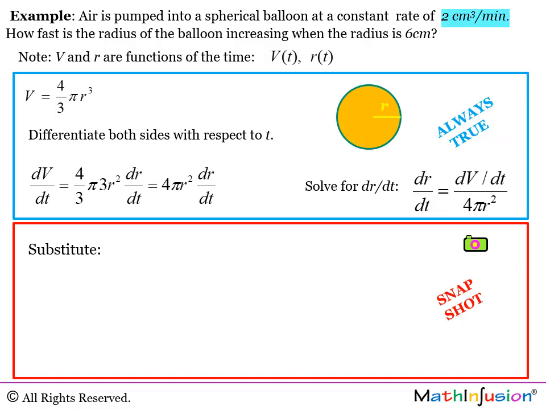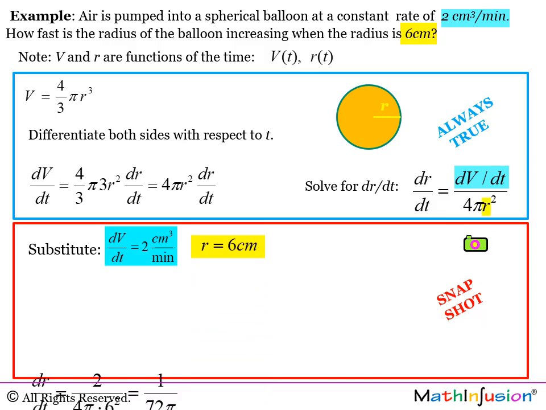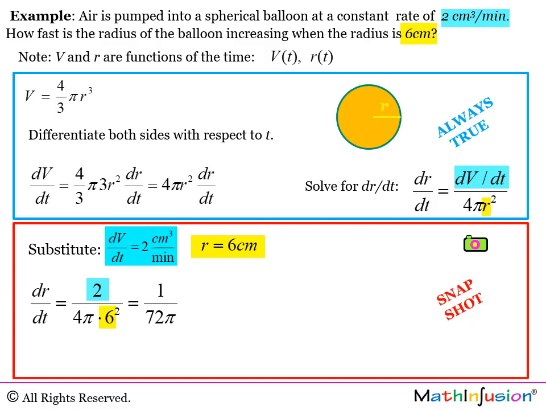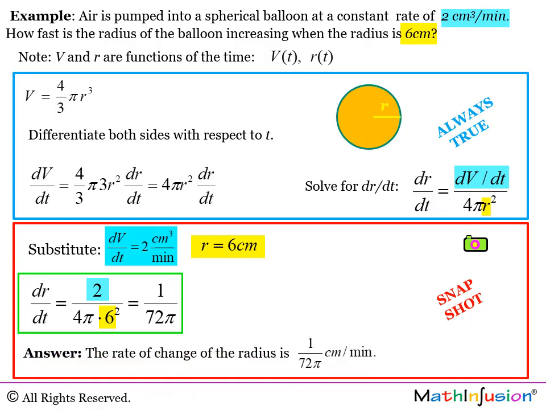This is dV/dt, and this is r at this specific instant. So we have to replace r by 6, dV/dt by 2, and we get 1 over 72 pi. The answer is that the rate of change of the radius is 1 over 72 pi centimeter per minute.